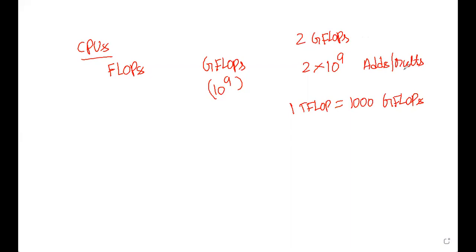So a processor has some raw compute power that is possible, depending upon how the arithmetic and logic unit is designed, and different parameters. Every processor has some peak floating point performance that is possible.